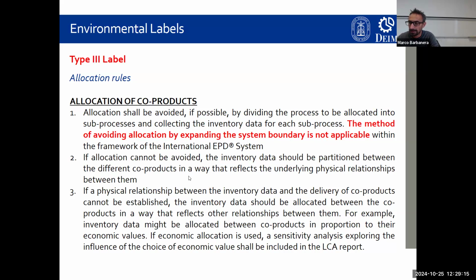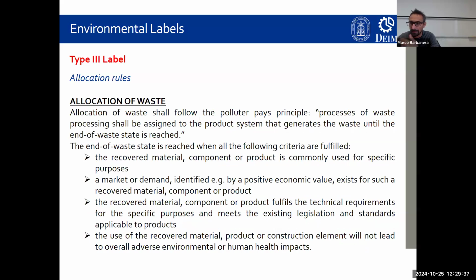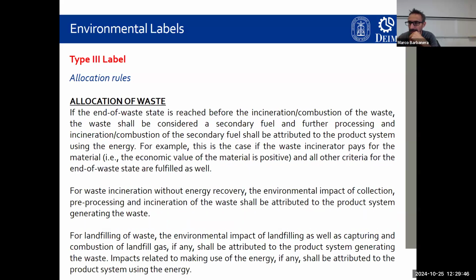In particular, we have to use first of all the mass allocation approach, and then if this approach is not applicable, we can use, for example, the economic allocation. You can also find other rules for the allocation of waste, but now it's not important for us.